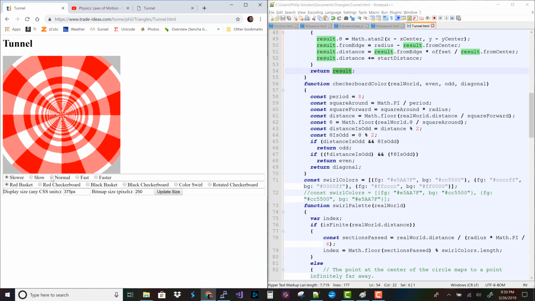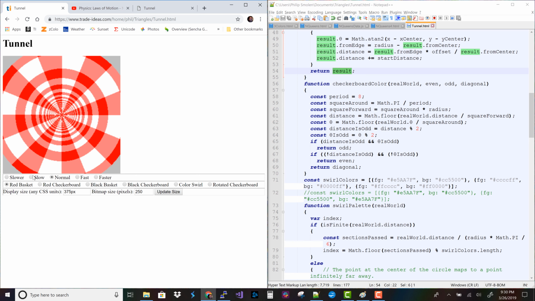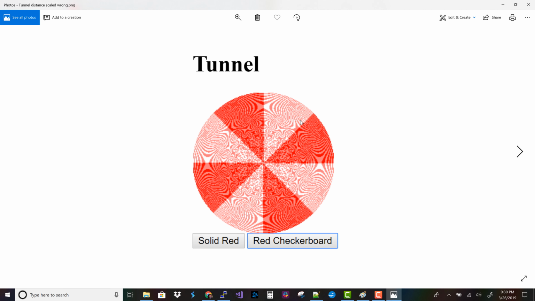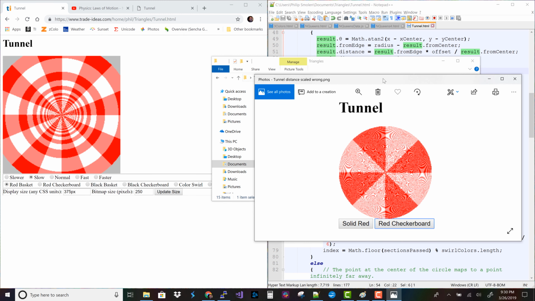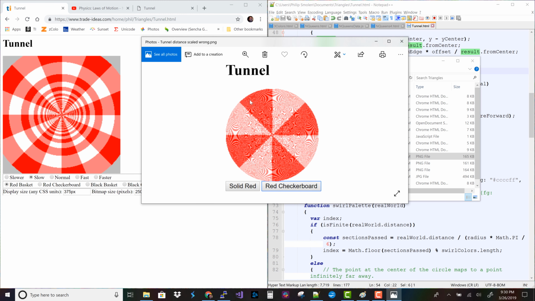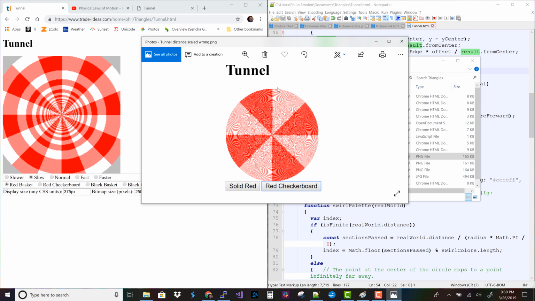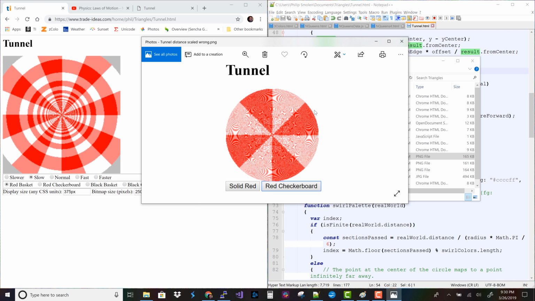In fact, let me show you the first time that this failed. So here, see these side by side, you can see that it understood the theta part, the angle, and it broke it up.